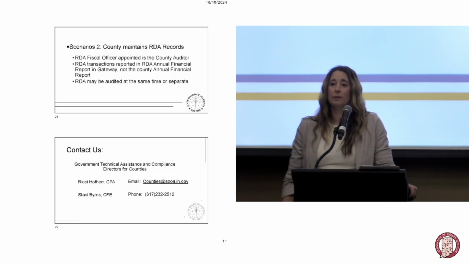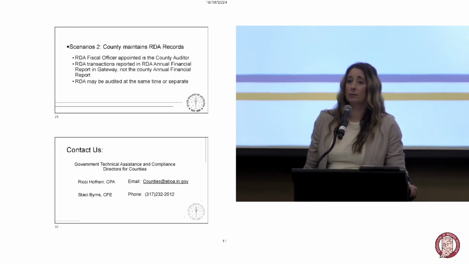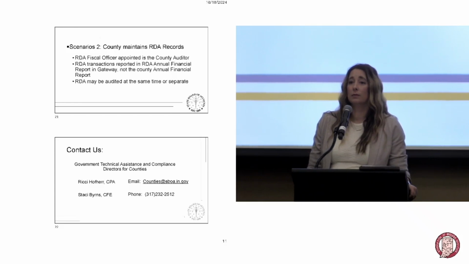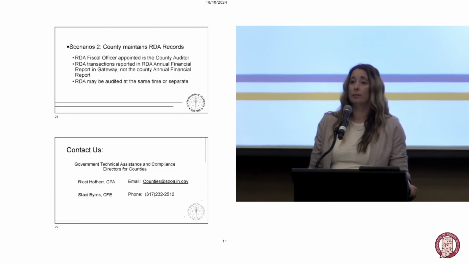And the RDA is required to have their meetings and do all this. And they hadn't been having meetings, and nothing had been submitted to me. So they ended up having an exit interview with the State Board of Accounts and also myself, where we had to have the plan where they're meeting and everything had to be turned in. I basically went over what we were supposed to be doing now.